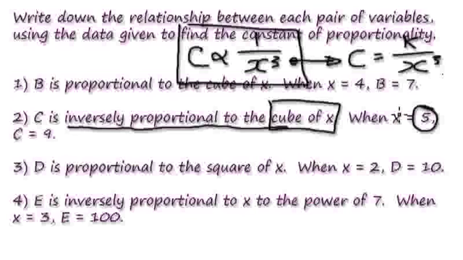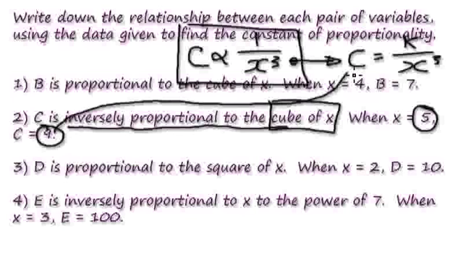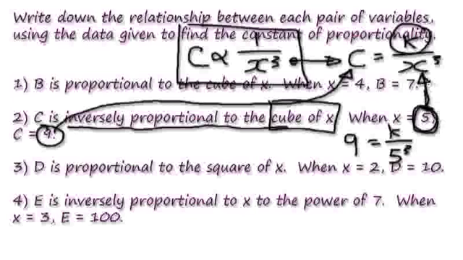Now when x is 5, c is 9. So you put this 9 into c, and then you put this 5 into the x here, just to find out your k. So c is 9. We'll put the 9 into the c, and the k we don't know yet, but the 5 to the power of 3, because you're putting the 5 into the x, and currently we've got a cube of x here.